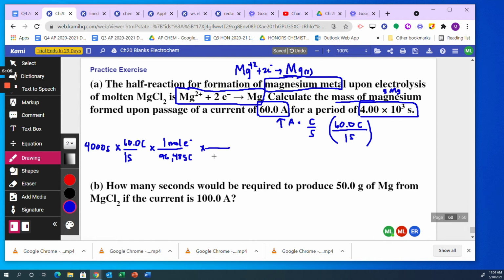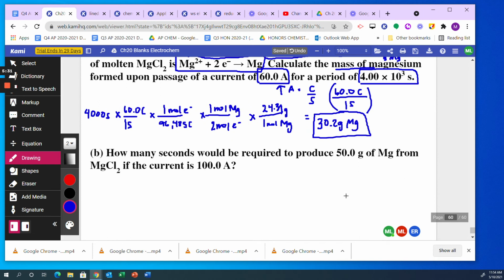I'm going to need 2 moles of electrons for every 1 mole of magnesium. And 1 mole of magnesium has a mass of 24.31 grams. And that will give me 30.2 grams of magnesium. Wow, that's a lot of magnesium. Solid with electrons still intact.